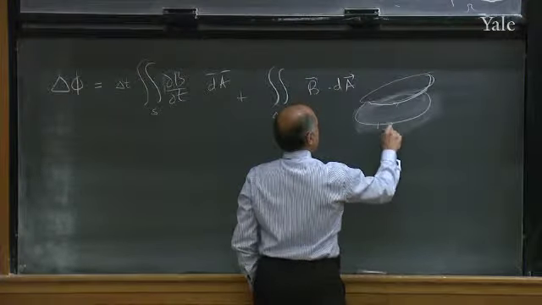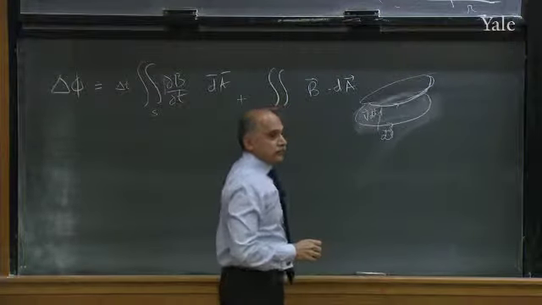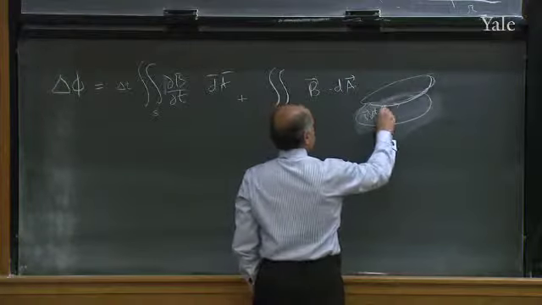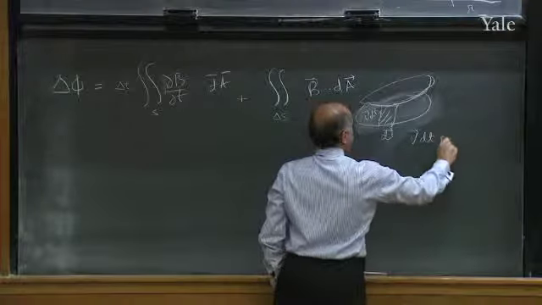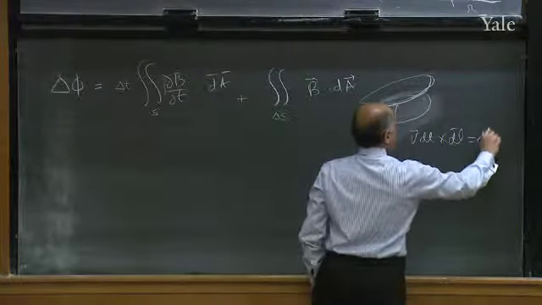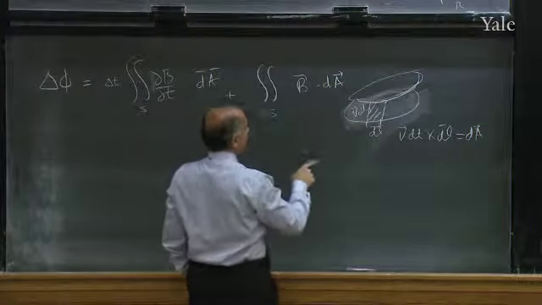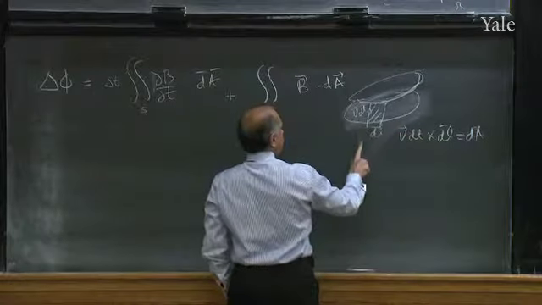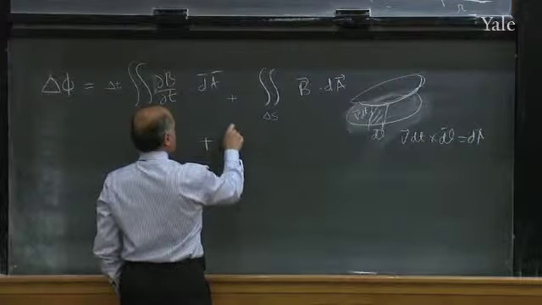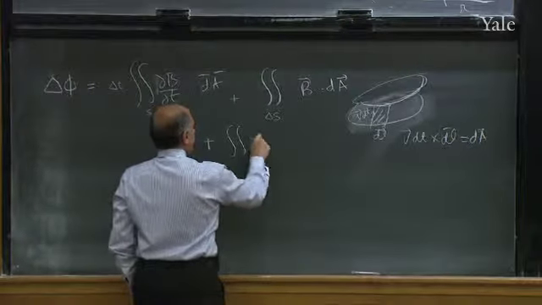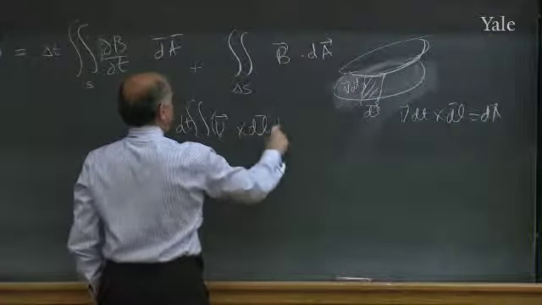This is my segment of the loop, and that's the distance v delta t. So the area vector associated with this section is just v delta t cross dl. That is the surface area. You see that? A parallelogram formed with the loop size dl here and the distance traveled in dt, the area of that is just a cross product. So this is equal to delta t, I'm going to pull the delta t outside, v cross dl dot B.